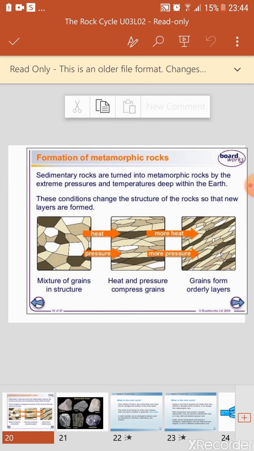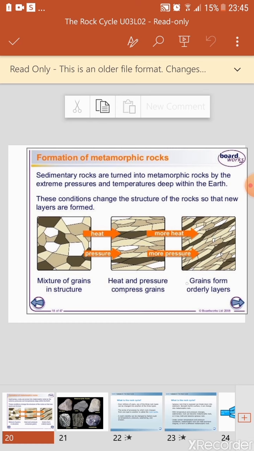Over the years, because of heat and pressure, the grains were squeezed, as you see. With more heat and more pressure over the years, you see how they become very squeezed and pressed in this way. So the shape changed completely.